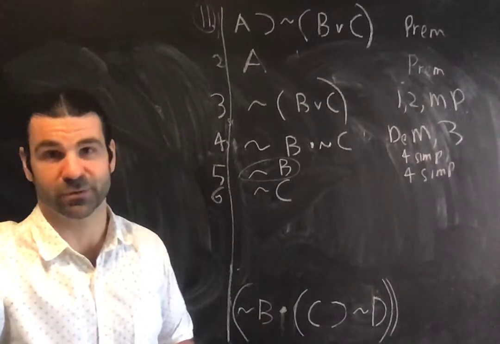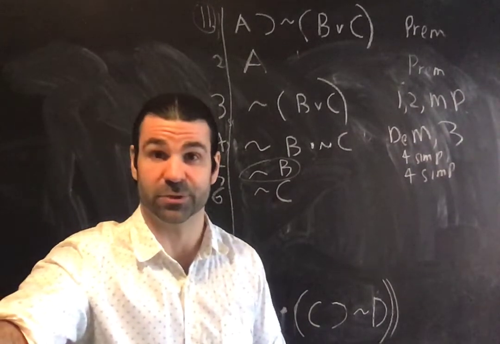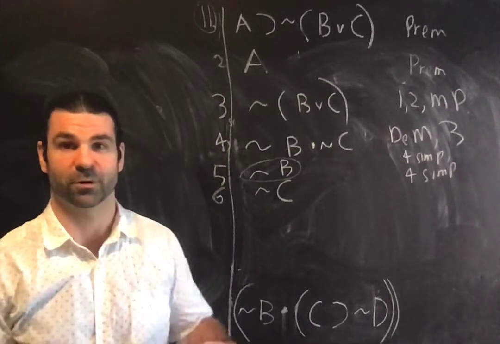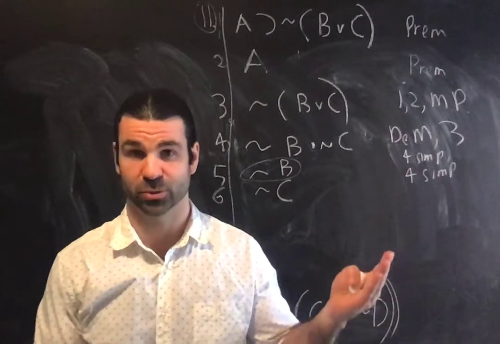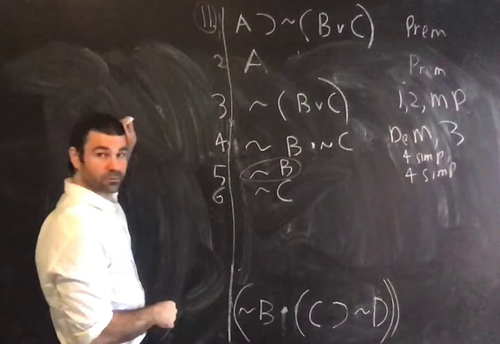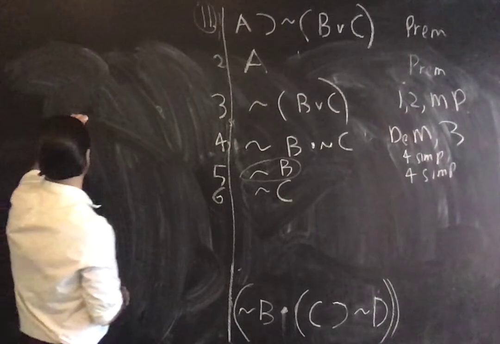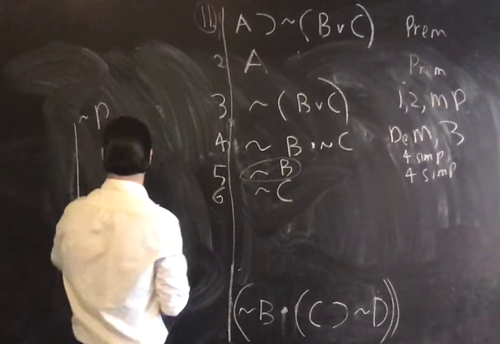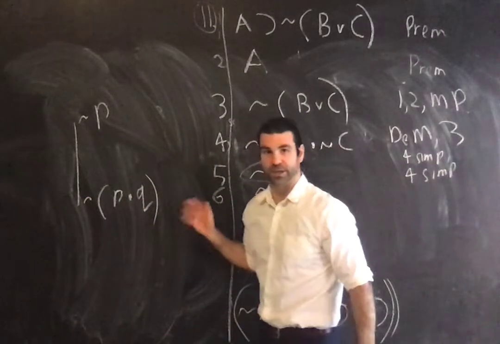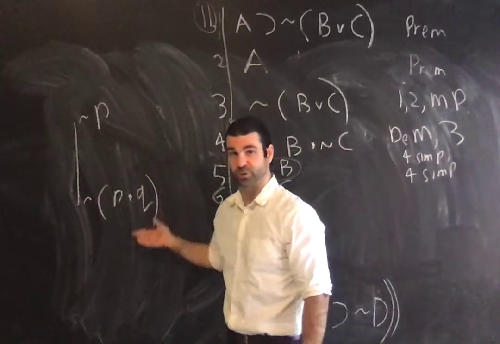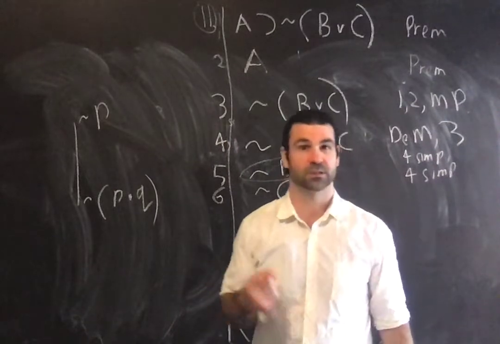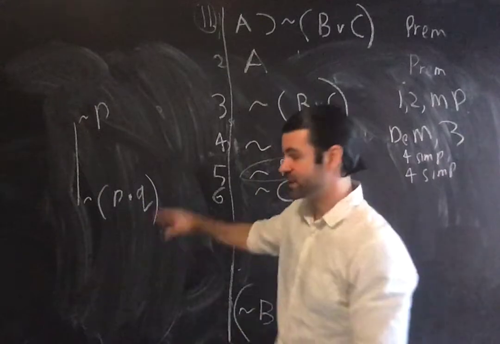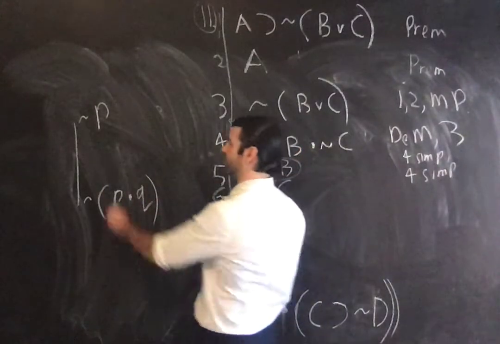For example, if you need to derive a negated conjunction, there is a path, a proof bit, from the negation of one of the conjuncts to the negated conjunction. So there is a proof bit that goes from not P to not brackets P and Q. In each case you need to know that the path exists, so you can make the moves necessary to get from here to here if your proof requires it.